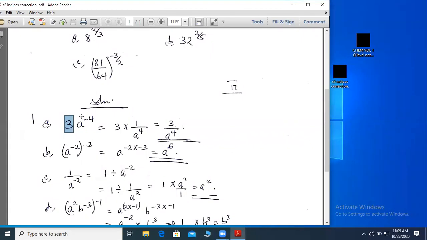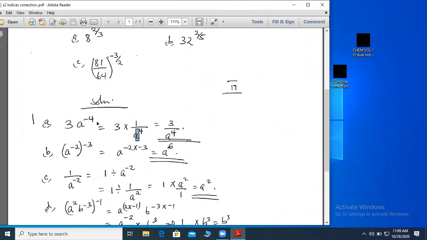So you can simply deal with this a to the power negative 4, and when you express it as a positive index, it will be 1 over a to the power 4. The power becomes positive, and then you divide it over 1. You get 1 over it.